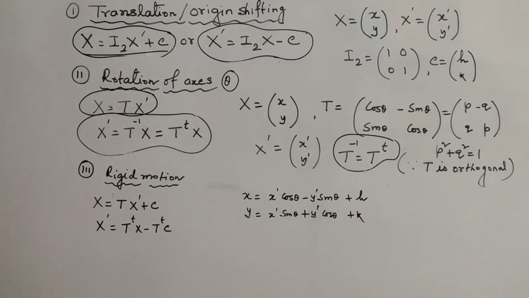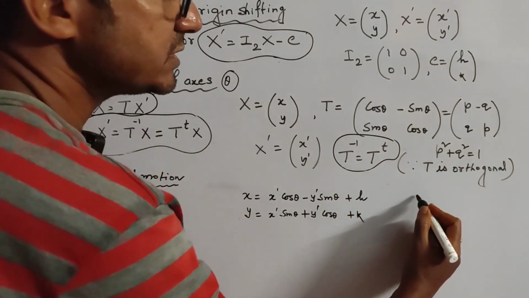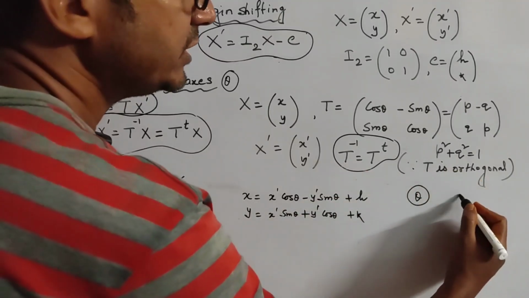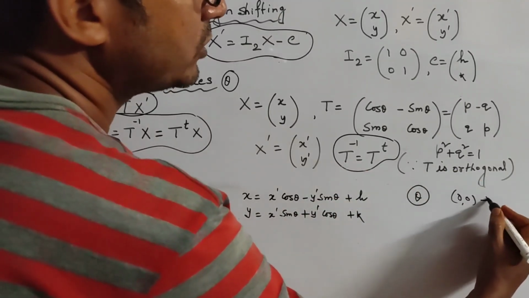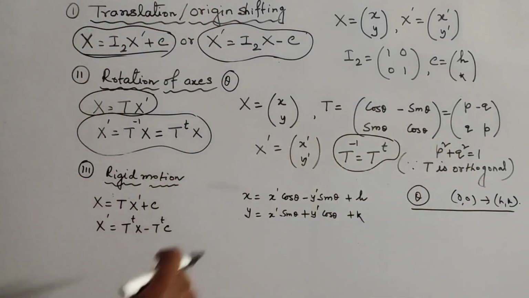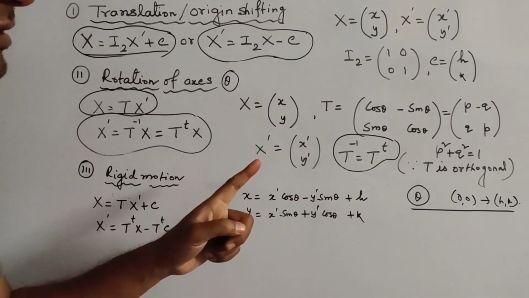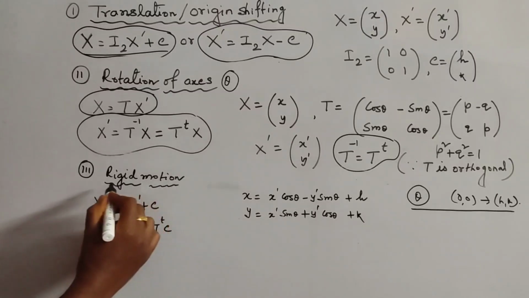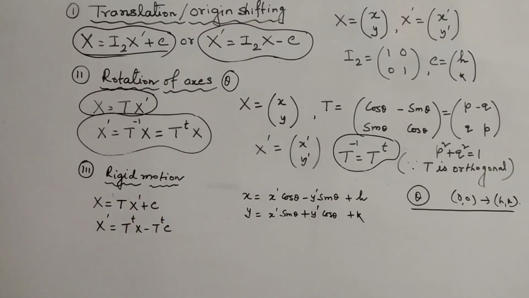This is the rotation of axis through an angle theta, with the origin 0 0 transferred to the point h k. It is a mixture of rotation and translation, so the name of this motion is rigid motion.